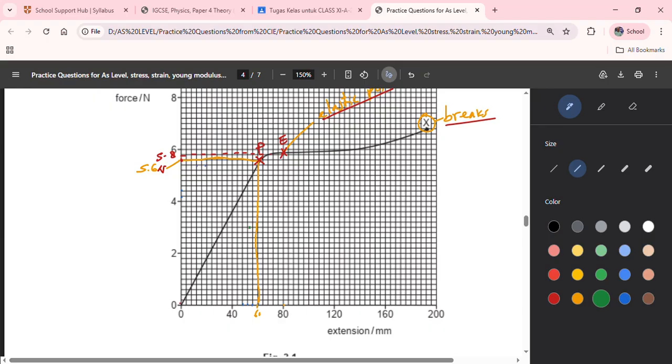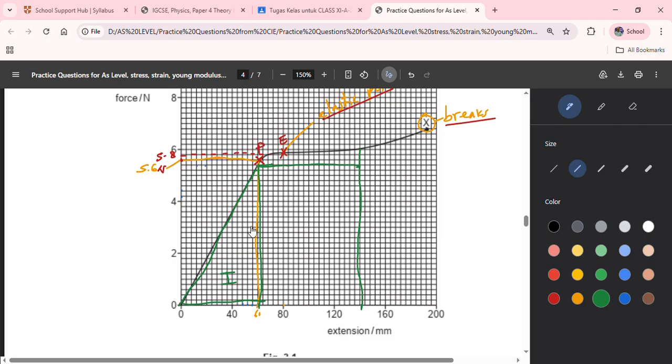To calculate the area on a graph like this, we have to divide it into some forms. Okay, so the first form is the triangle. This triangle is the first, and then the second, from here to here.